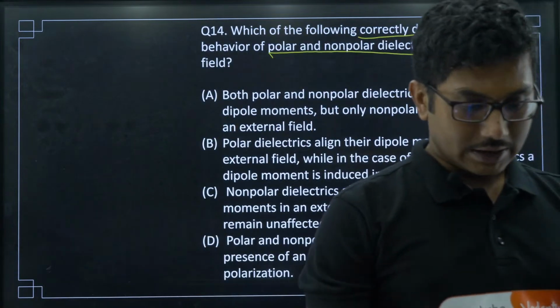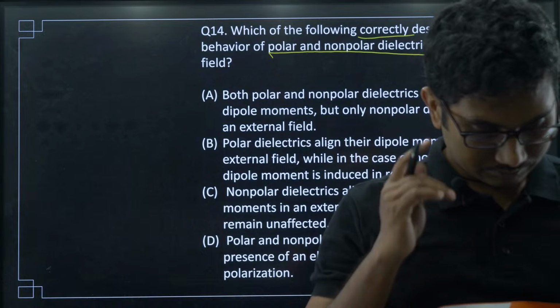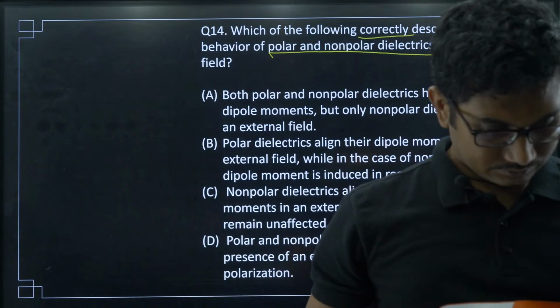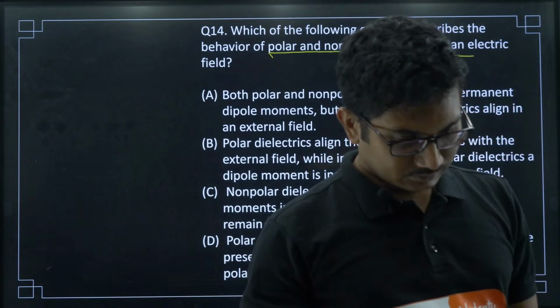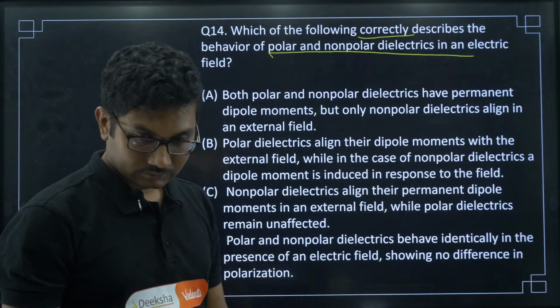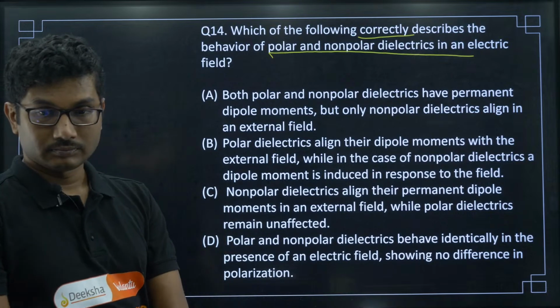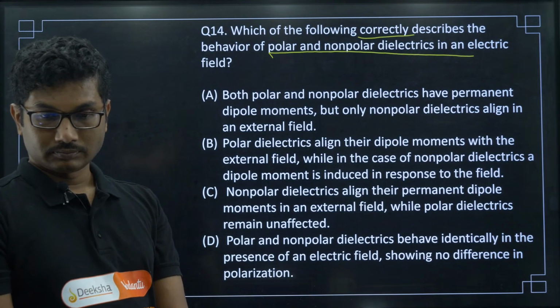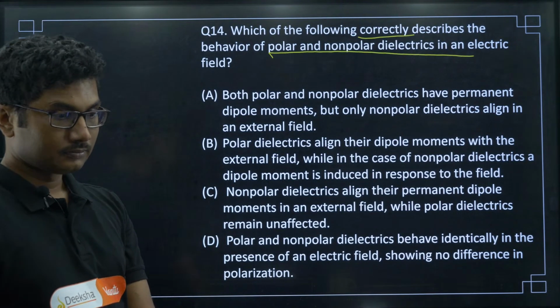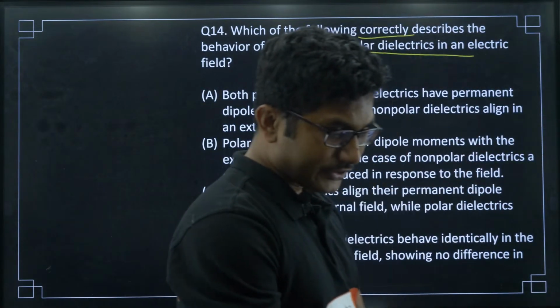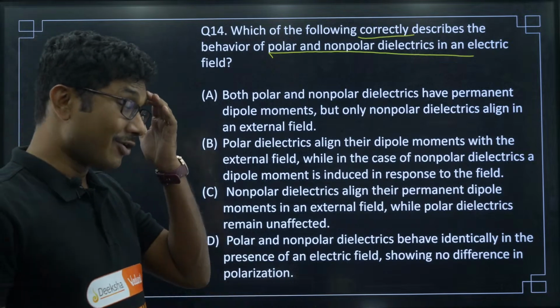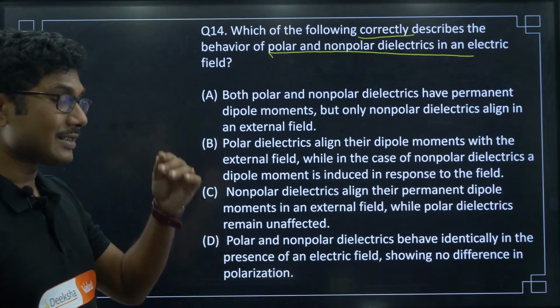Okay. Now, answer this question. Yes, it is a very difficult-looking question, but the question is long, not difficult in a sense.